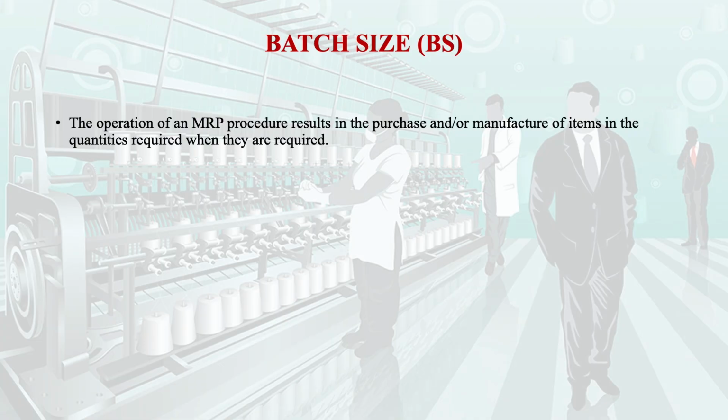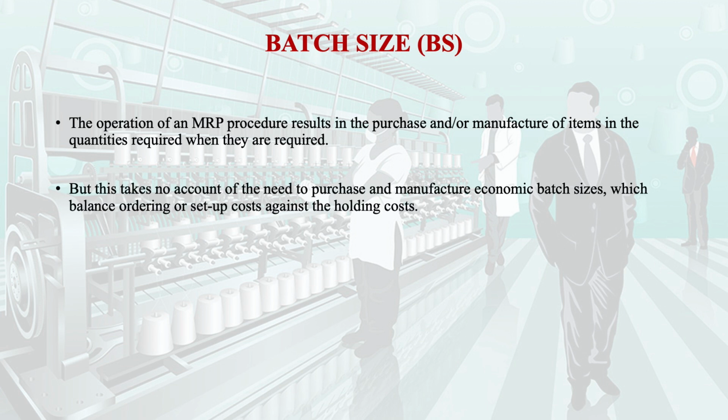So first we will discuss the factor, that is the batch size. The operation of an MRP procedure results in the purchase or manufacture of items in the quantities required when they are actually required. But this takes no account of the need to purchase and manufacture the economic batch size, which balances the ordering or the setup cost against the holding cost.